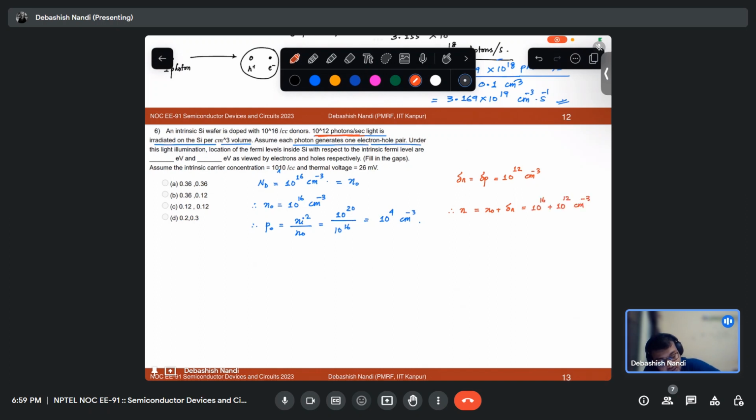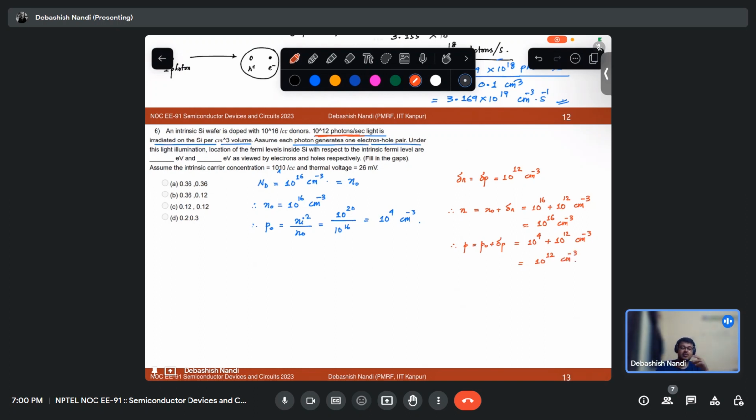Can anyone comment what this value will be? 10 power 16, right? Because it is a huge change in order. And what about your holes? 10 power 4 plus 10 power 12, that is 10 power 12 per centimeter cube.